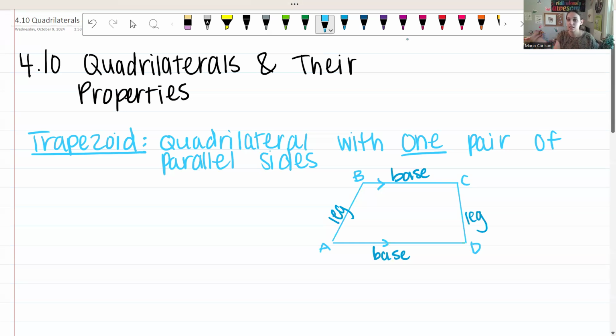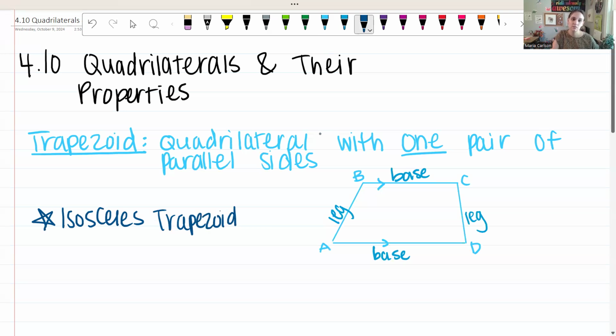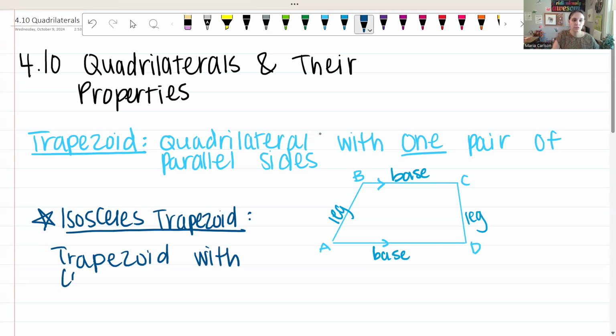In a trapezoid, we can have a special type of trapezoid known as an isosceles trapezoid. So an isosceles trapezoid is a trapezoid with congruent legs.